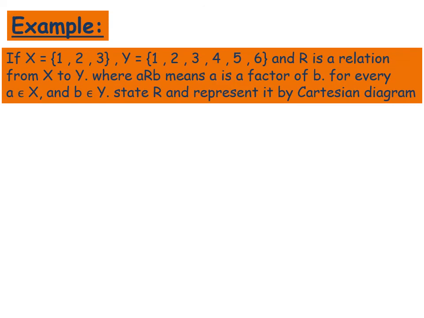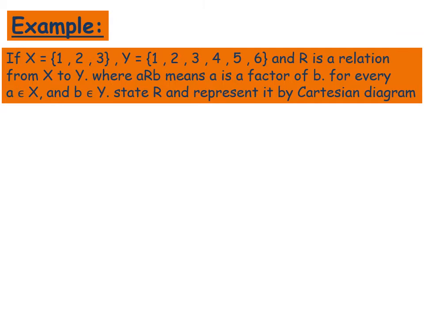Now let's have some examples to understand the relation. If X equals {1, 2, 3}, Y equals {1, 2, 3, 4, 5, 6}, and R is a relation from X to Y, so I'm talking about R as a subset of the Cartesian product X crossing Y. The order is so important.